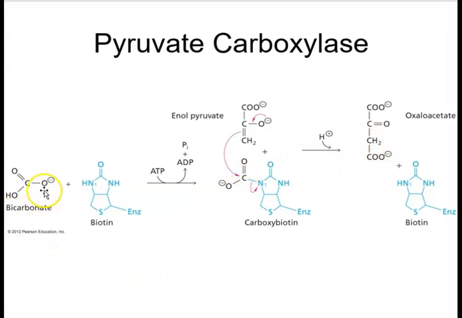We do this through bicarbonate, which we've seen a couple times already, and with the biotin prosthetic group in the pyruvate carboxylase, we can bind the CO2 onto that amide functional group. Then we're able to use that to add on to that double bond here. So this would be a lyase type of reaction, adding a CO2 group to that double bond.